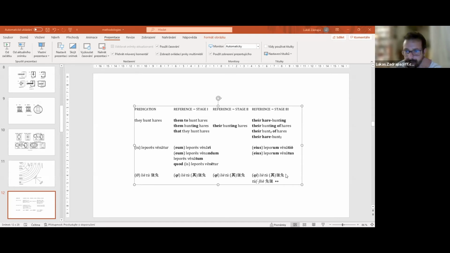And the last stage is real, even lexicalized nominalization, for example, hunt, and then we have coding of the object, which is here still retained as a real post-verbal object. It becomes something different here. So either we have compounds like hare hunting or genitive hunting of hares and so on.